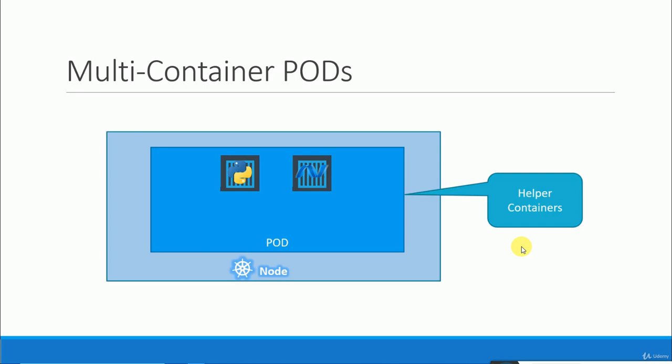In that case, you can have both of these containers part of the same pod, so that when a new application container is created, the helper is also created, and when it dies, the helper also dies since they are part of the same pod. The two containers can also communicate with each other directly by referring to each other as localhost, since they share the same network space. Plus, they can easily share the same storage space as well.